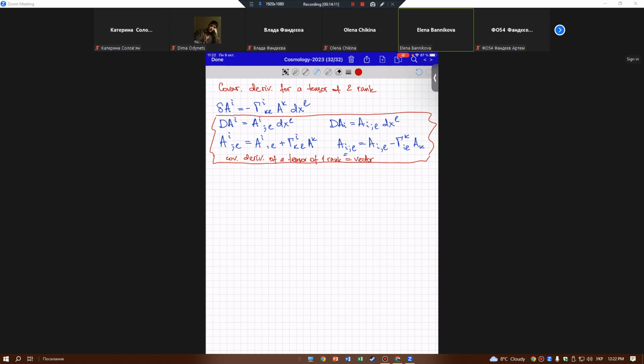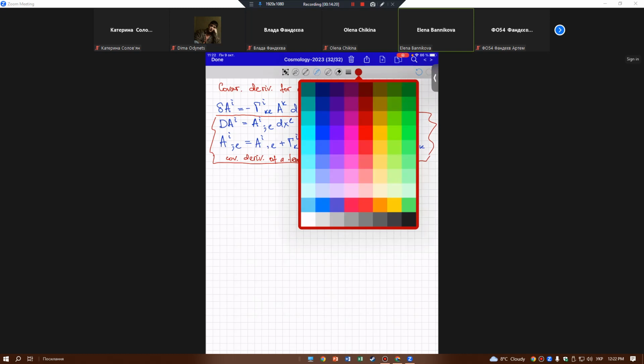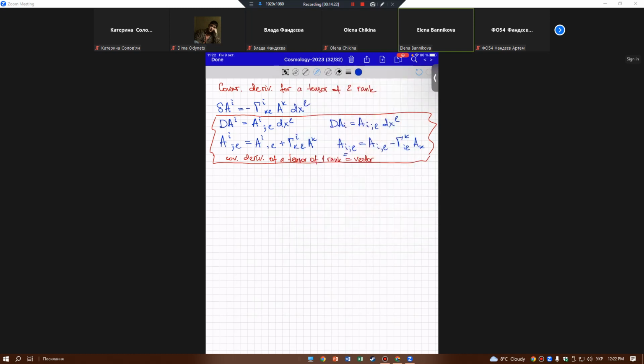To do it more quickly, we can represent the tensor of the second rank as a multiplication of two tensors of the first rank, A^i B^k.